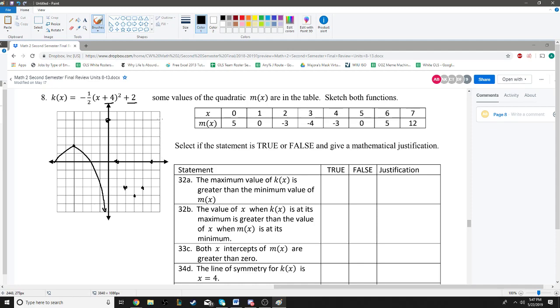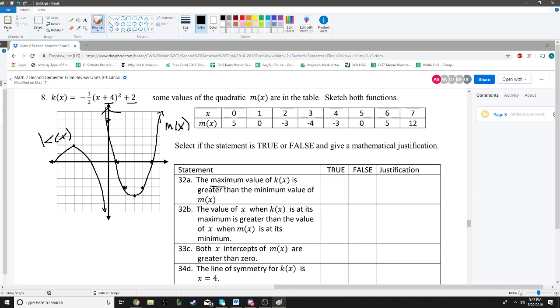Alright, there's our other one. Okay. So this one was k of x, and this one that we did second was m of x.